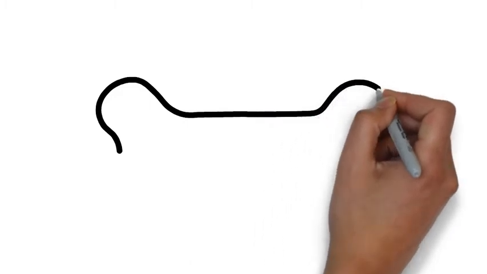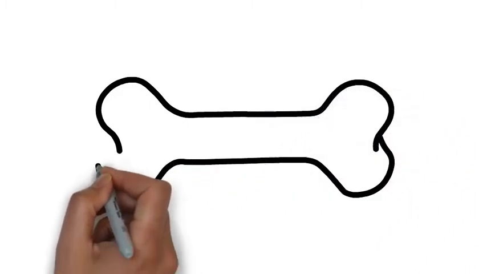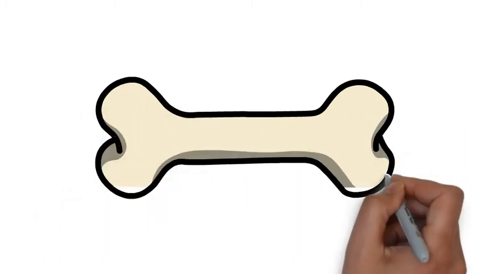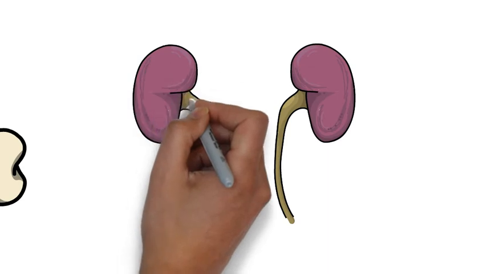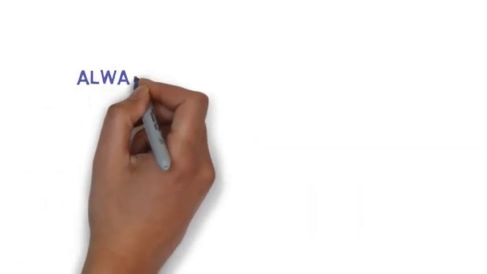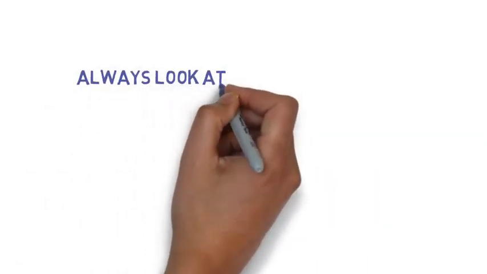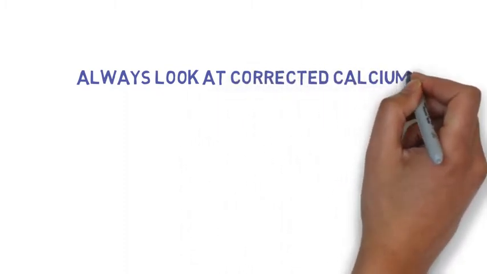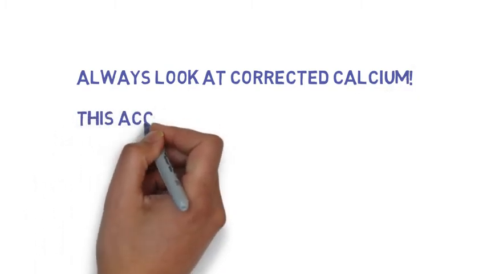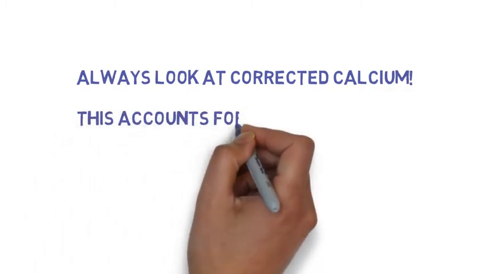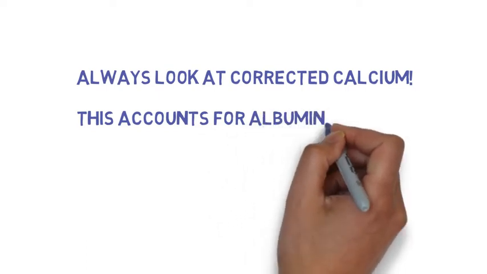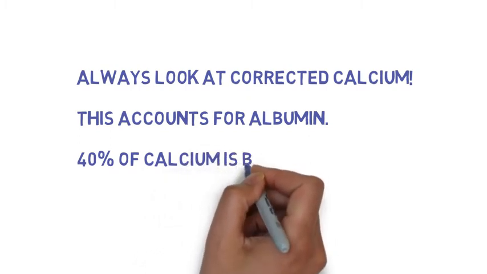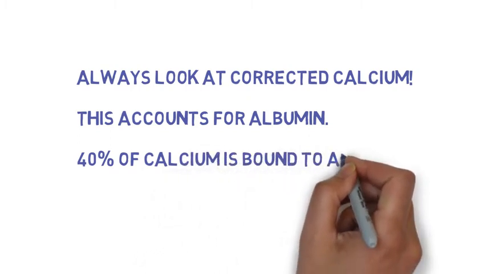And when we talk about calcium regulation, we are talking about three main organs. We are looking at the bones, the kidneys, and the intestines. And it's also very important when you're looking at calcium results to look at the corrected calcium, because as I've said before, 50% of calcium is bound to proteins in the blood, with 40% bound to albumin in particular.